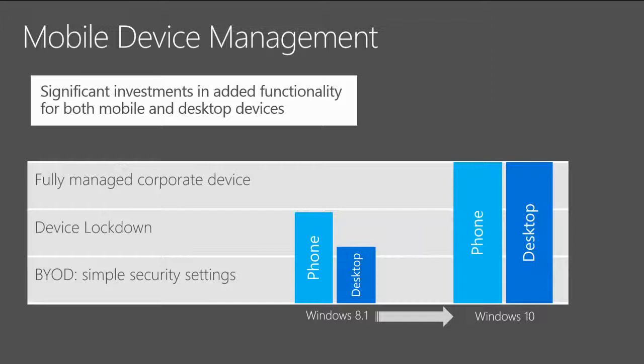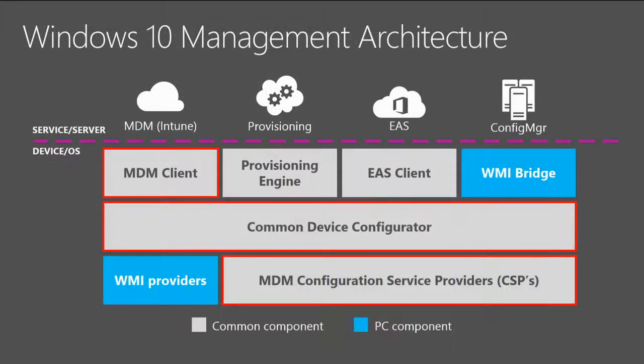You see that the settings you can set on both devices are now made at the same level, and the settings themselves are the same as well. In the previous Windows 8.1 timeframe, if you wanted to set a specific setting on one device, you had to use a different setting or configuration service provider than with the other platform. So they've made that identical as well.